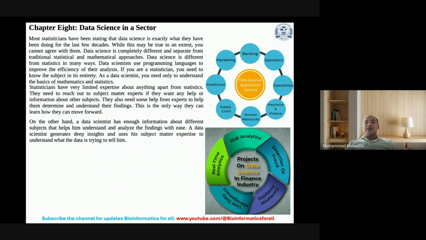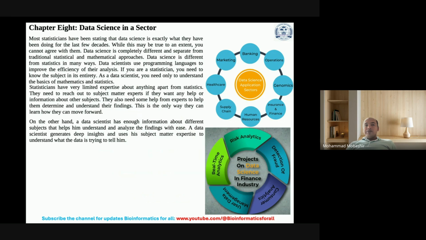For example, data scientists use programming languages to improve the efficiency of the analysis. If you are a statistician, you need to know the subject in its entirety. As a data scientist, you only need to understand the basics of mathematics and statistics.